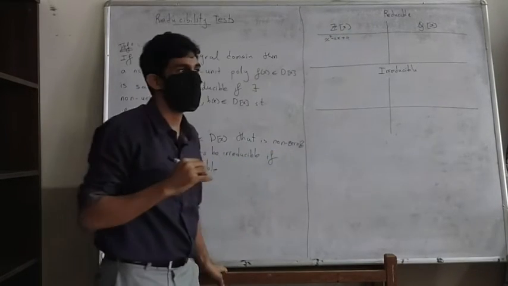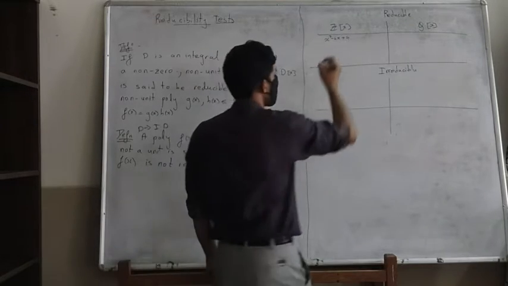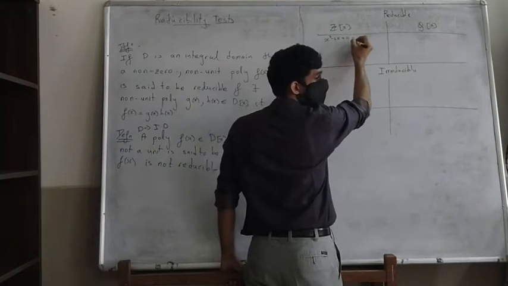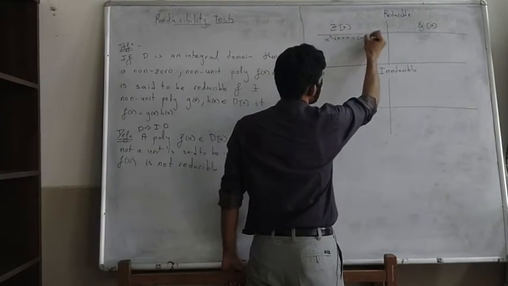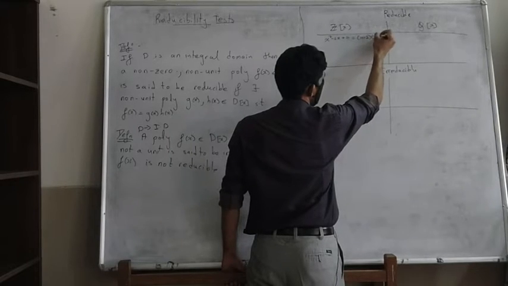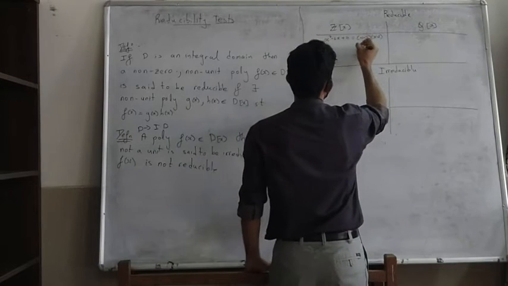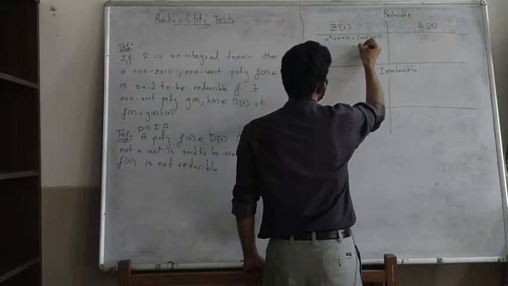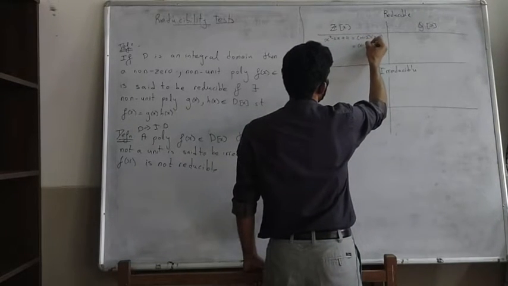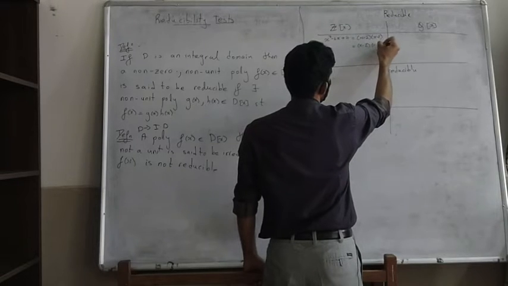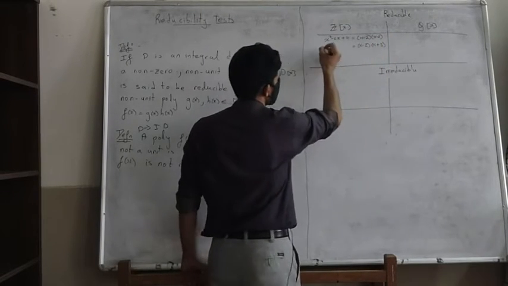This is reducible. Why? Because I can write this as x minus 2 times x minus 2. I could even think of x minus 2 into x plus 3. These are all reducible.